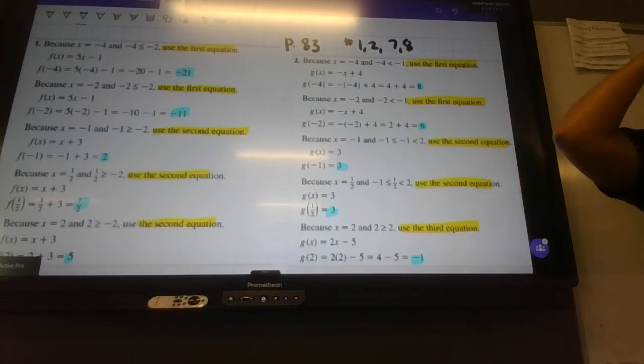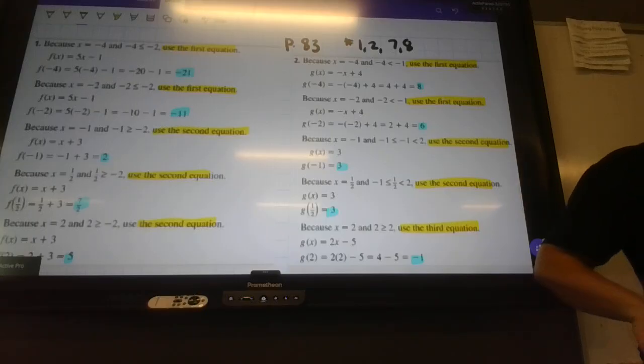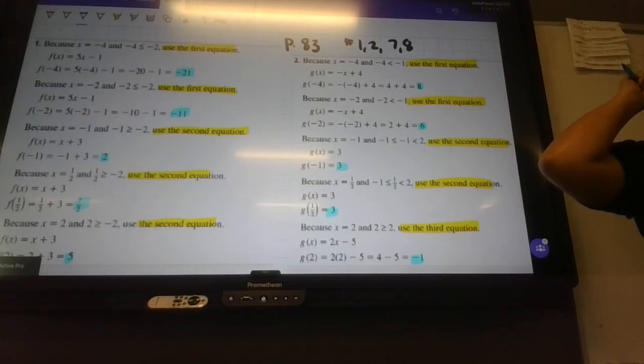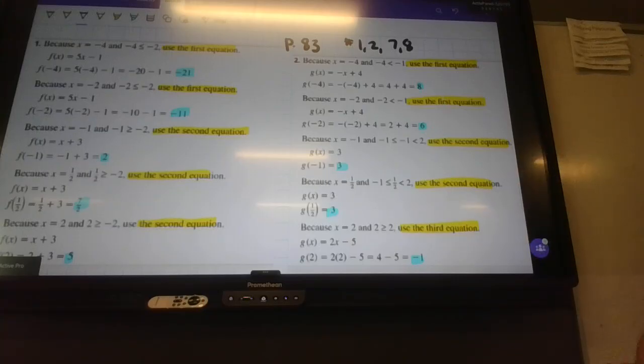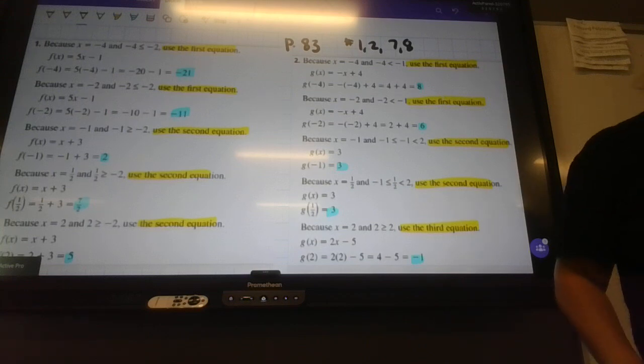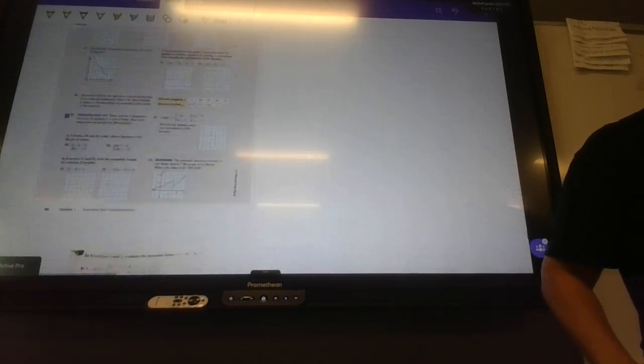All right, let's look at some graphs then. Ella, do you have a question? You look like you're figuring something out over there. That's good. Maybe you have decimals instead of fractions.